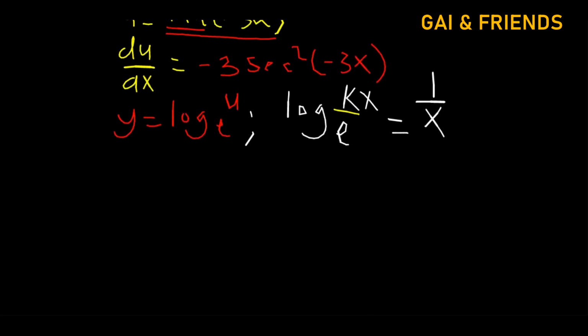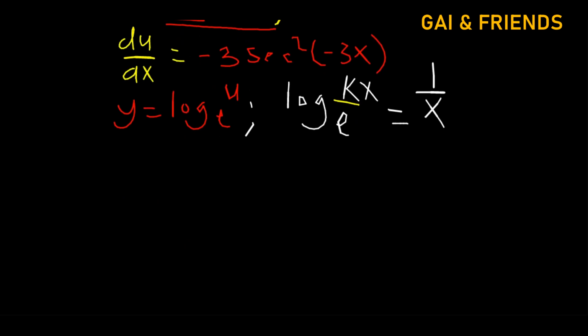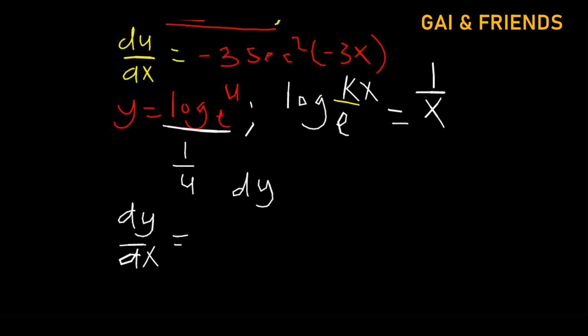So in that case, the derivative of log e of u will be 1 out of u. So our dy over dx will be dy over du times du over dx.